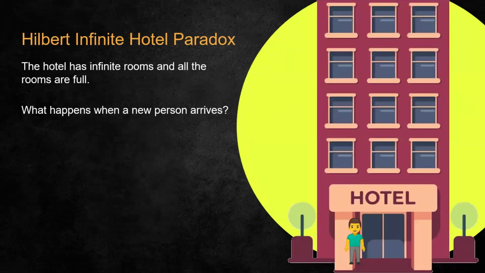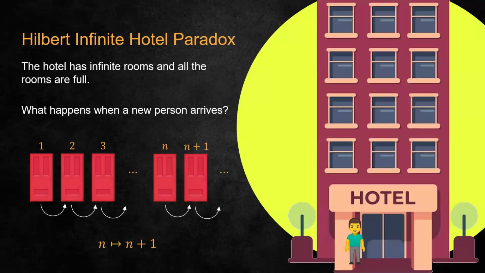So let's imagine that there is a hotel that has infinite rooms, and it's full. But what happens when a new person arrives? Well, we can just ask everyone to move one door. So the person in door number one will move to door number two, and so on. And because it's infinity, this is possible to do. And then we have a free room for this person.